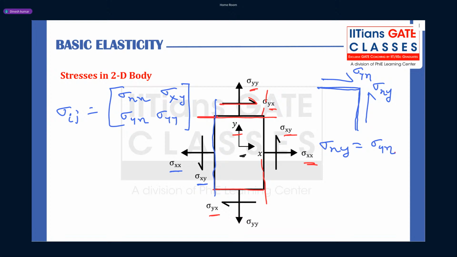Same way, sigma xz equals sigma zx, and sigma yz equals sigma zy. This is known as the complementary nature of shear stresses. So on two perpendicular planes at any point in a body, the shear stresses are complementary, and their magnitude is the same.